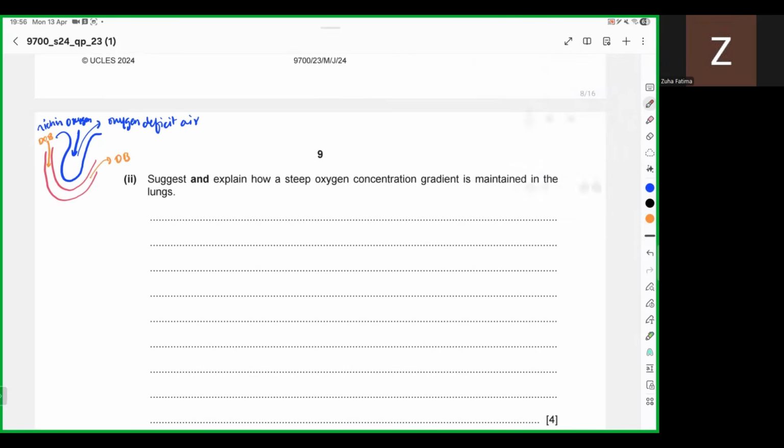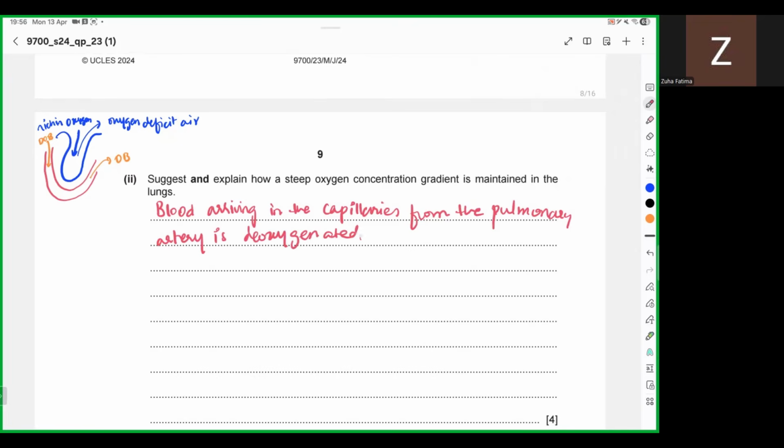So we'll write this down: blood arriving in the capillaries from the pulmonary artery is deoxygenated, or you can say has a lower oxygen concentration.